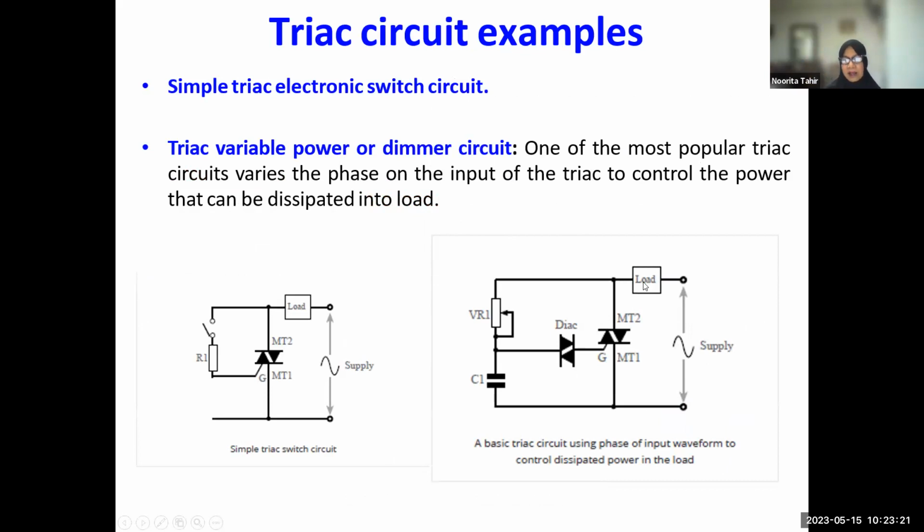So there are actually many more triac circuits that can be used, because this device, besides causing harmonics in high power, is quite versatile and can be used in a variety of circuits at low to medium power, typically to provide various forms of AC switching.